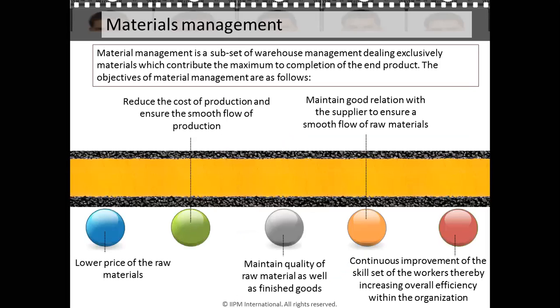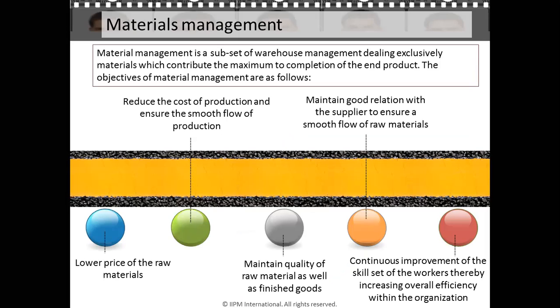Materials management. Materials management is a subset of warehouse management, dealing exclusively with materials which contribute the maximum to the completion of the end product. The objectives of materials management are as follows. One, lower price of the raw materials.